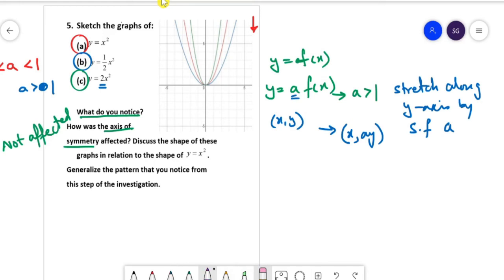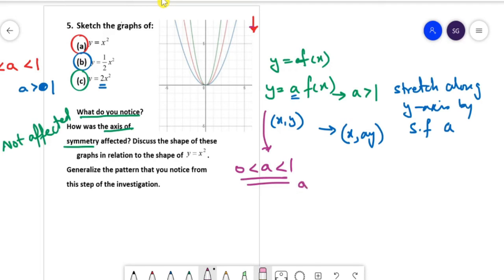The other scenario is if we have y equals a f of x, and a is between 1 and 0. Then we call it a compression. As I said here, it becomes slow to fall and slow to rise. In more mathematical terms, it's called a compression. You are pushing it down towards the x-axis.